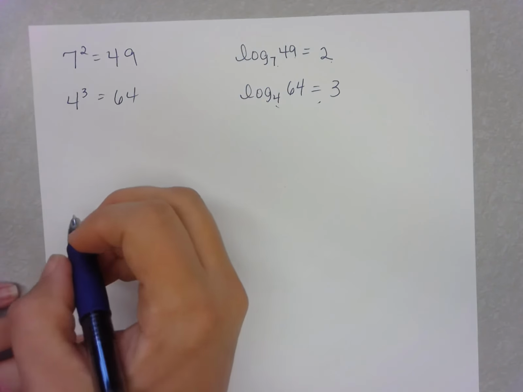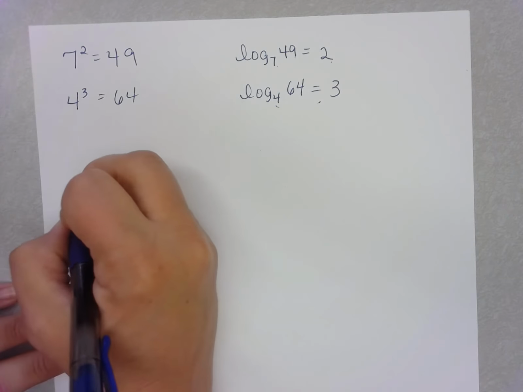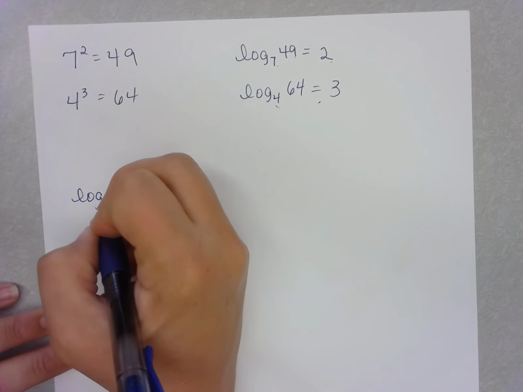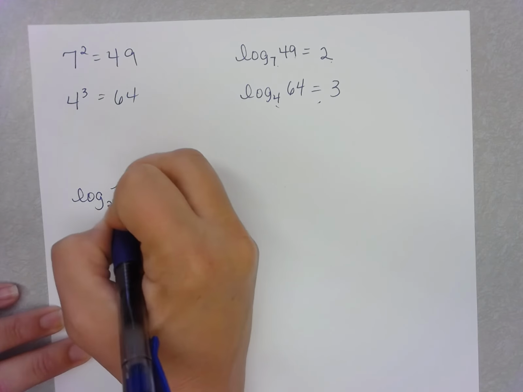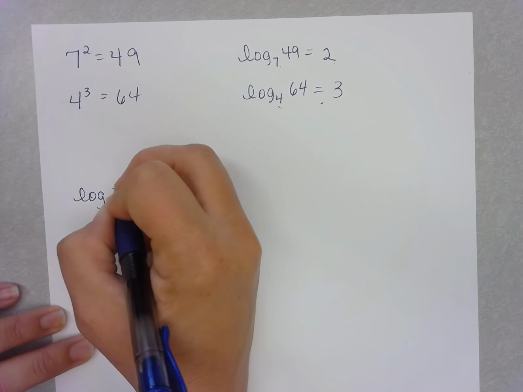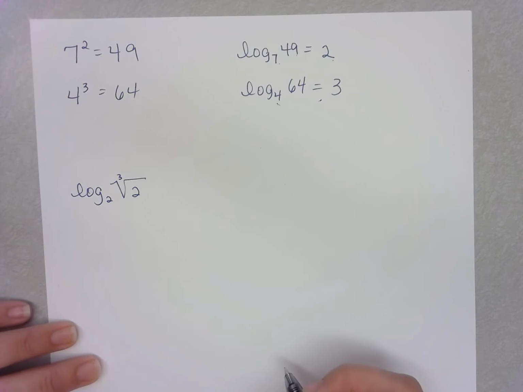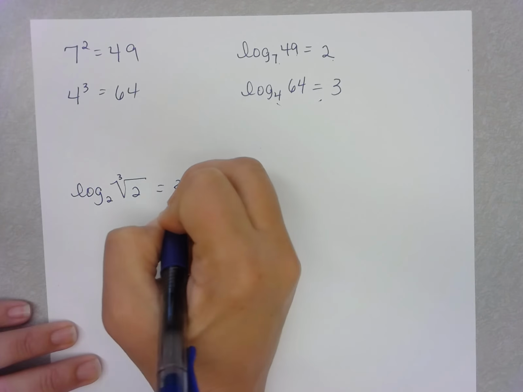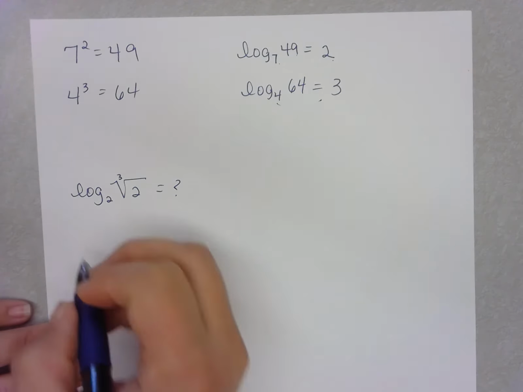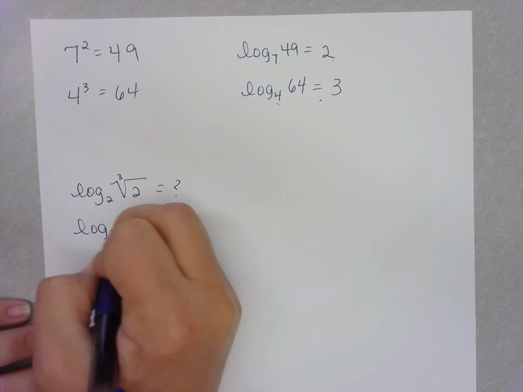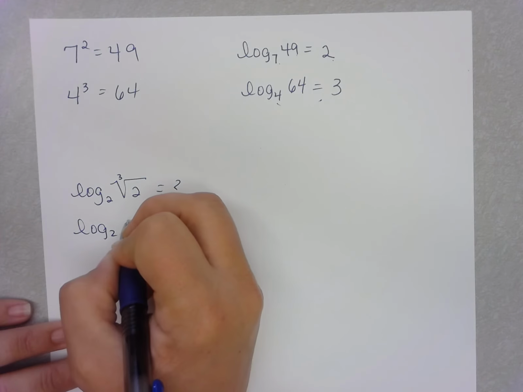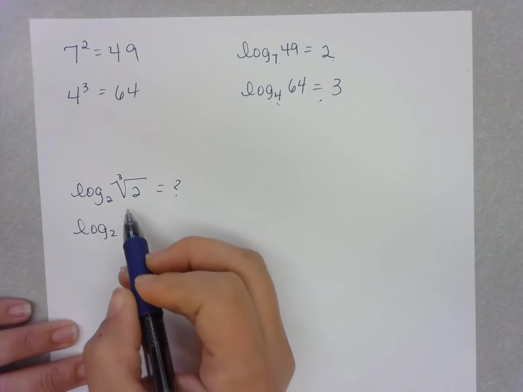So for instance, what if I had the log base 2 of the cube root of 2? Okay, we want to know what is that equal to. So I'm going to think of this as log base 2 of, we'll write this as an exponent here.